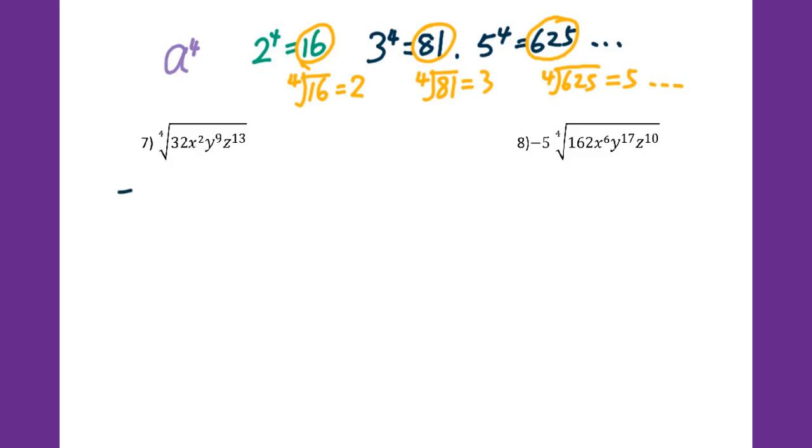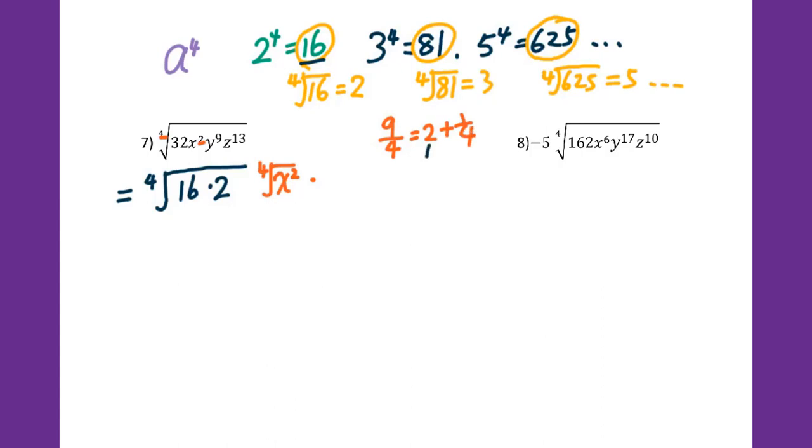For 32, you will check this number 16. You will get 16 times 2. That's 32. For x squared, this 2 is less than 4, so there's no way for you to take out, stay. Then times y to the 9th power. You will do 9 divided by 4 equals 2 plus 1 over 4.